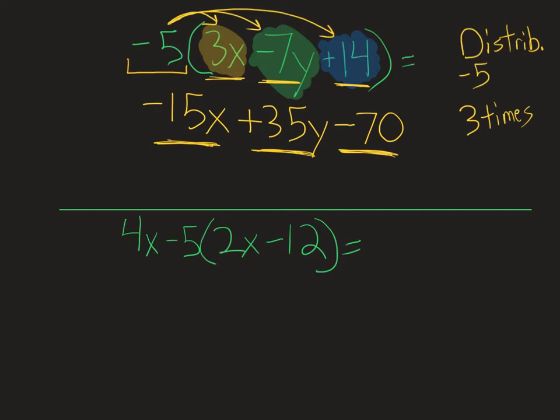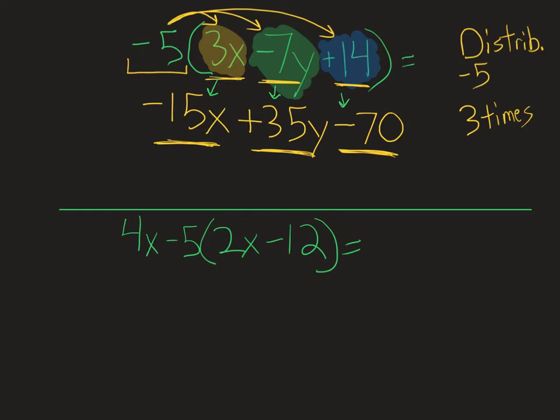Common mistake I would see is they'd want to keep the negative 5 out here and keep everything in parentheses. Okay, that's not the case anymore. That negative 5 disappeared. That negative 5 is inside of those three terms. Okay, the negative 5 is what made each of these guys get bigger. So the negative 5 is gone and the parentheses are gone.